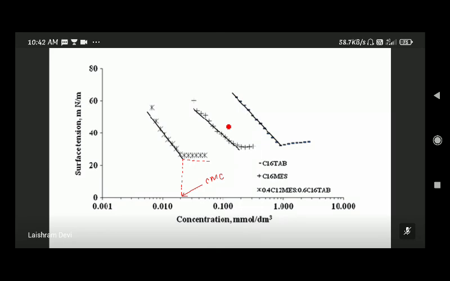So when your detergent solution becomes concentrated, then only micelle formation starts. So what is your question exactly?